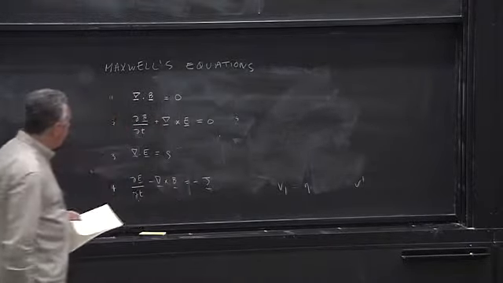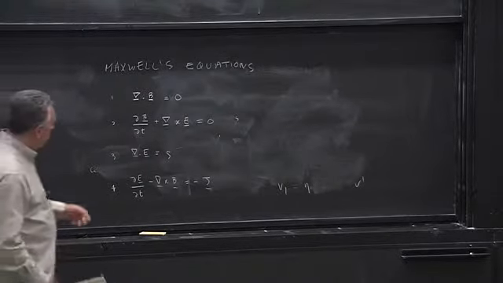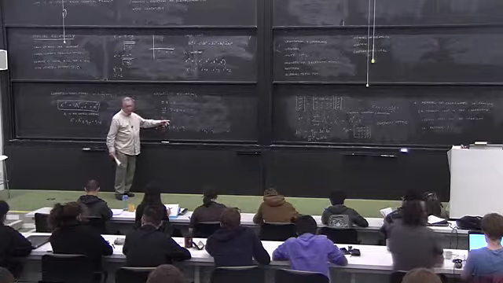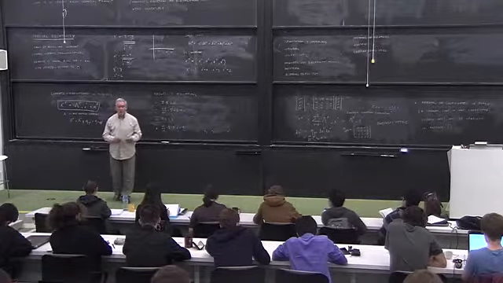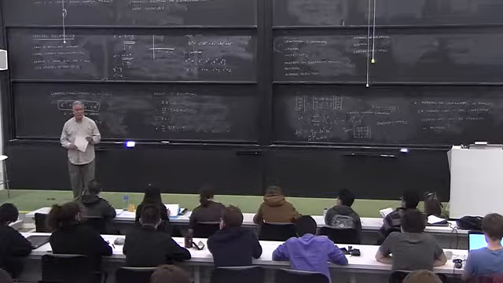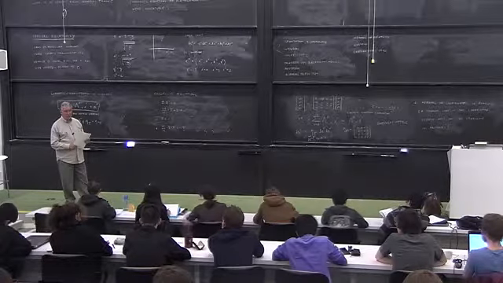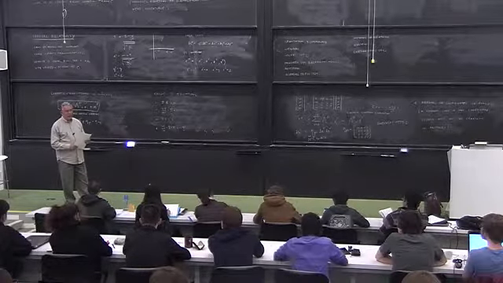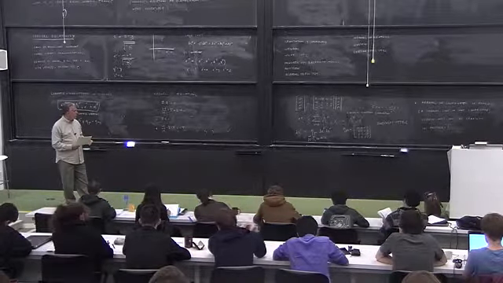You notice there's an asymmetry: the electric equations have a source and the magnetic equations don't. That's just reflecting an empirical observation that we see electric monopoles in nature, but we don't see magnetic monopoles. However, theoretically, you could include magnetic monopoles.